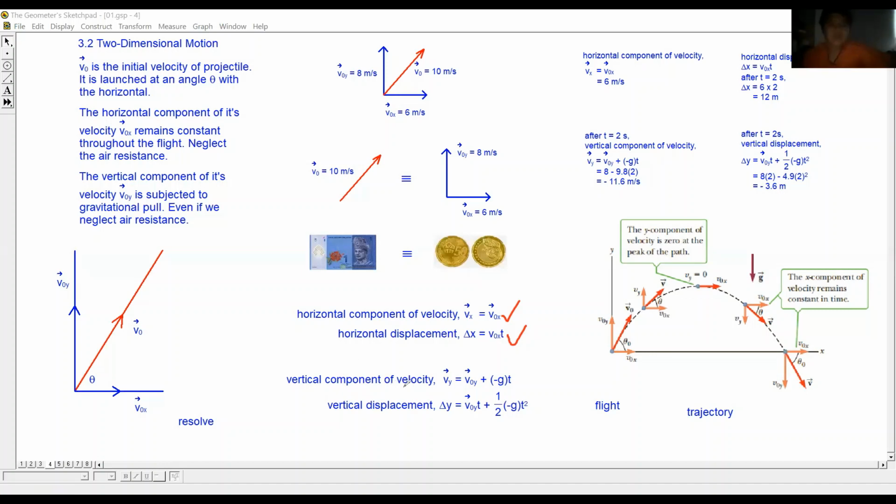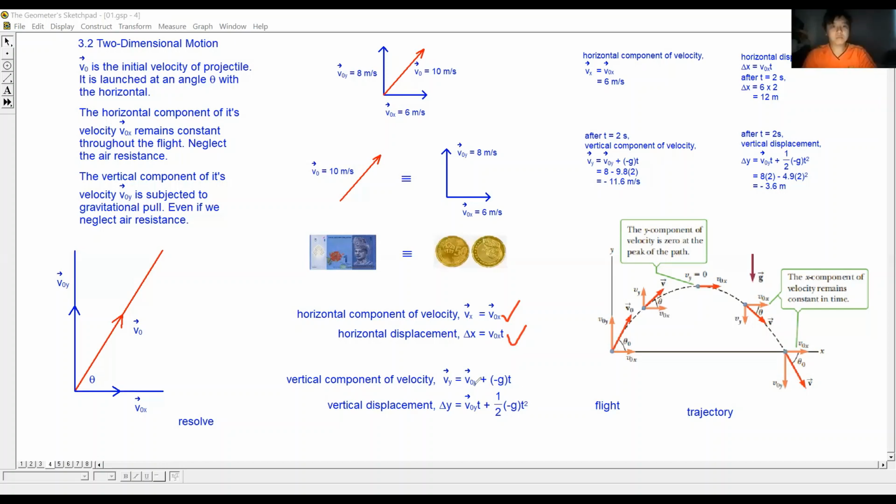The vertical component of the velocity, Vy, is the instantaneous vertical component of the velocity. Instantaneous means it can be the vertical component at any particular time.